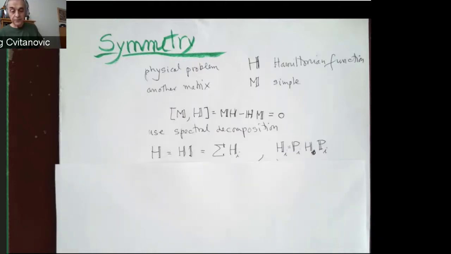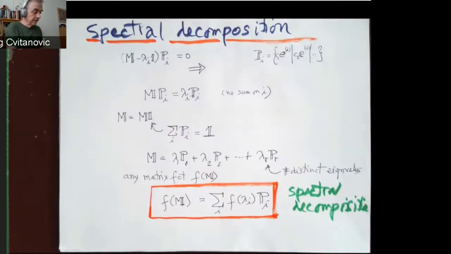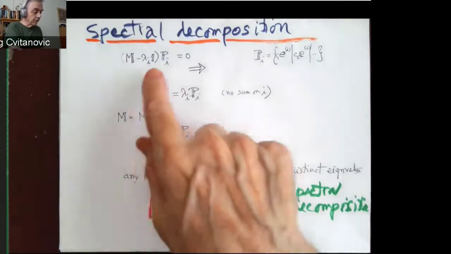Next, we use spectral decomposition. Anytime we have a matrix, it has its own Hamilton-Cayley equation, which I write in a form of.